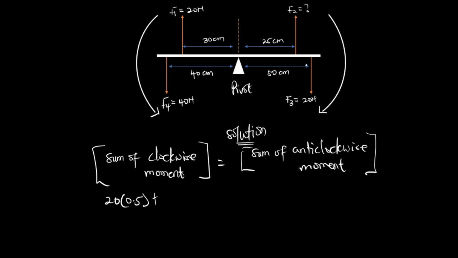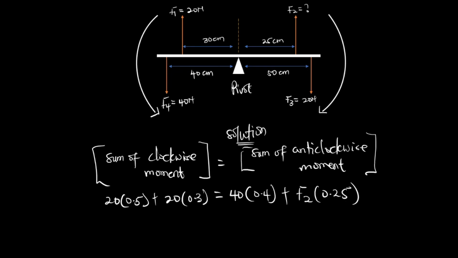Now, any other force that is constituting the clockwise moment over here is F1 and the distance over here. So we have 20 multiplied by the distance 30, which is 0.3. And this is equal to the anti-clockwise direction, where we have the force 40 and the distance 40 over here, which is 0.4, plus, if we go to the top, we could see F2 and the distance 25 centimeters, which is 0.25.